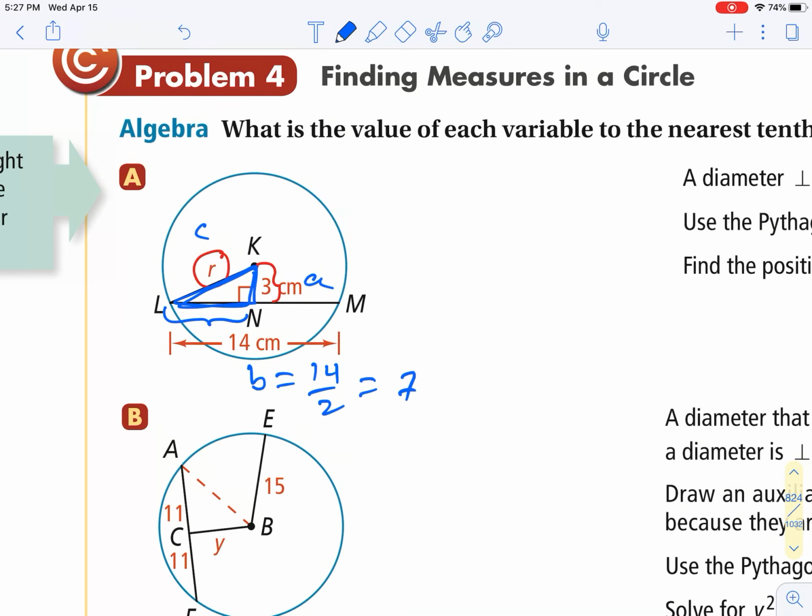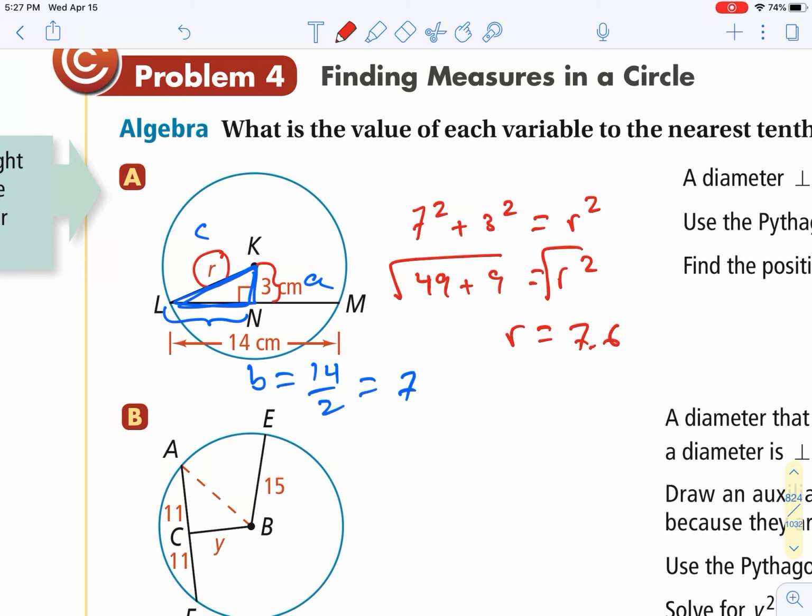We're off and running, so we're going to say 7 squared plus 3 squared equals R squared. Hopefully we're good with that. So R squared: that's 49, that's 9. We take the square root of each side, and R is approximately 7.6.